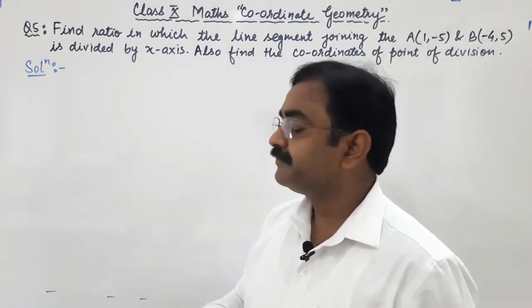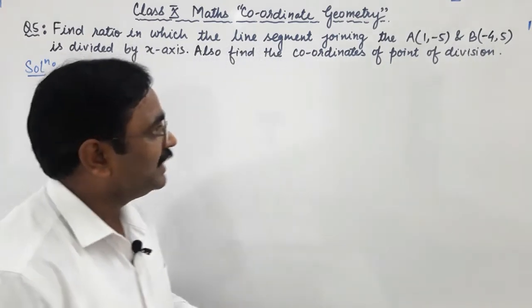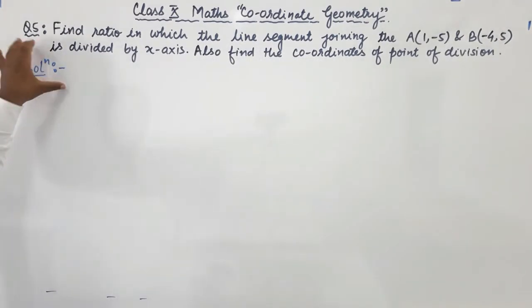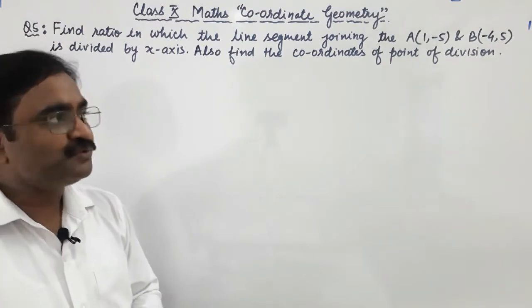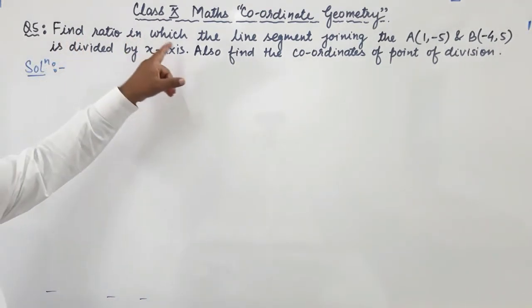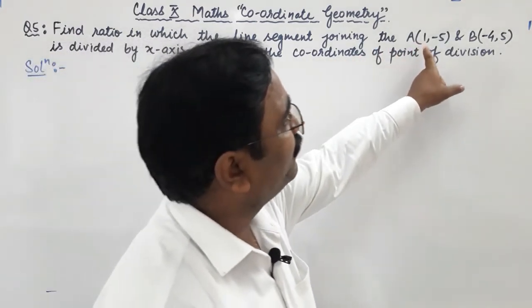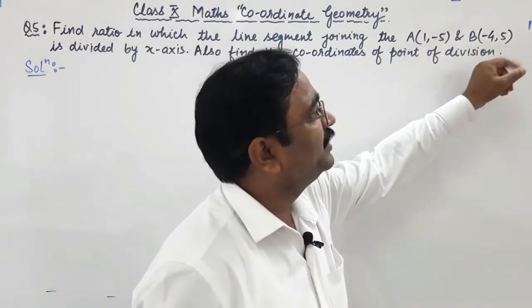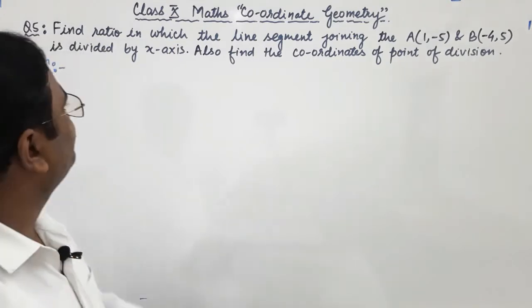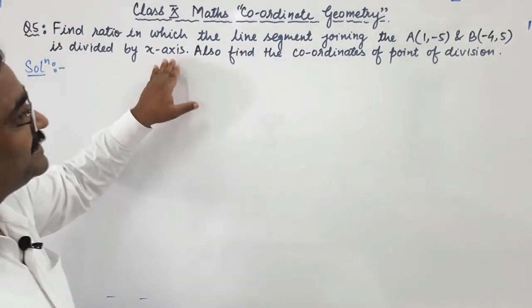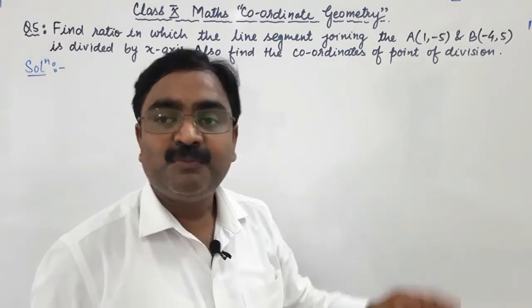So today I brought question number 5. In this question it is given: find the ratio in which the line segment joining the points A (1, -5) and B (-4, 5) is divided by the x-axis. Also find the coordinates of the point of division.